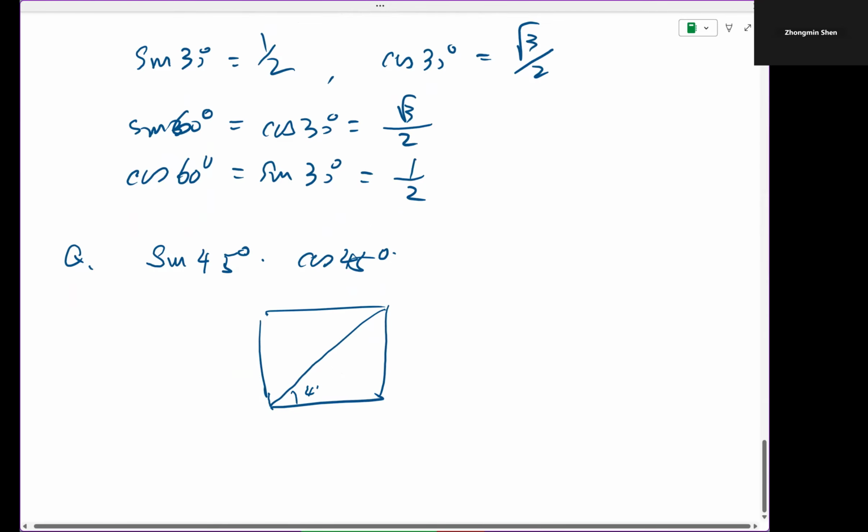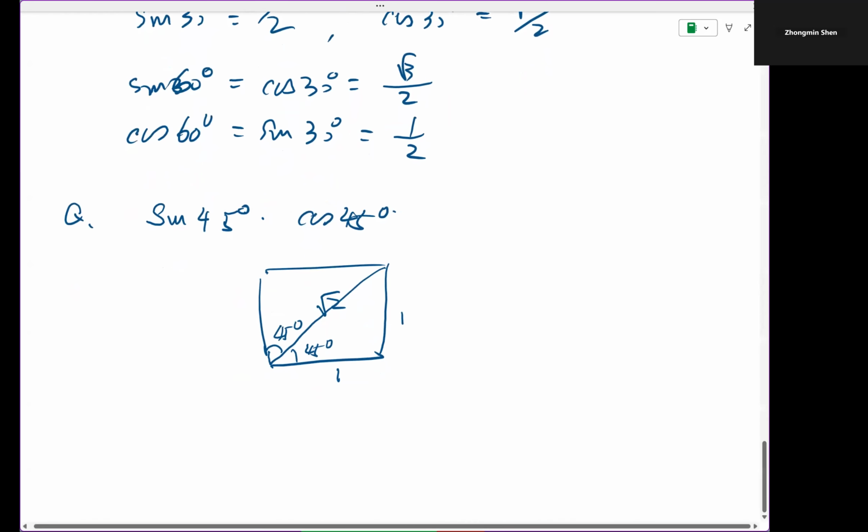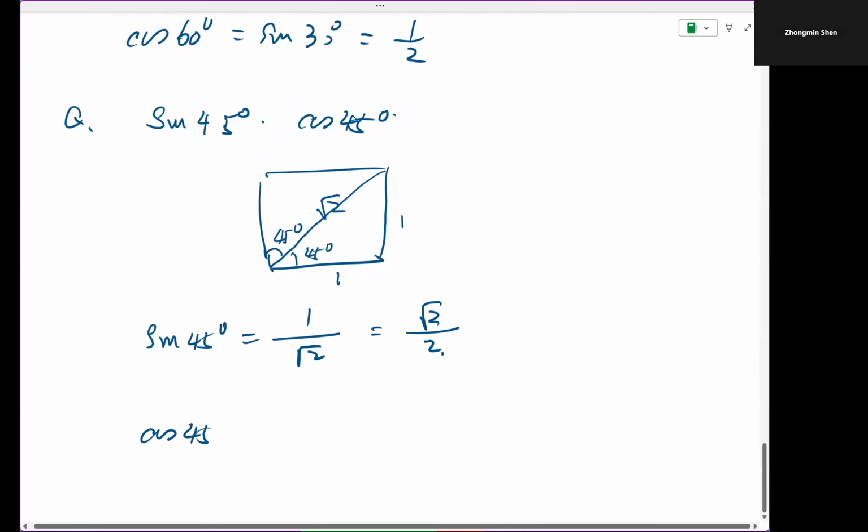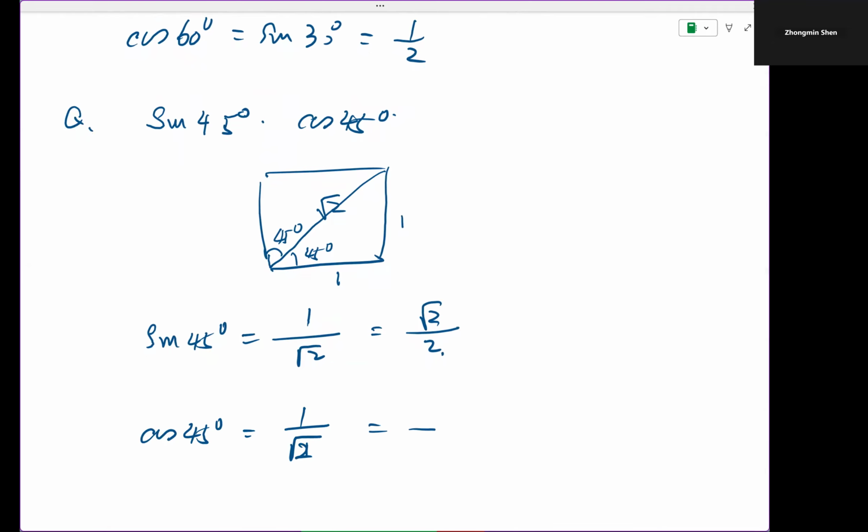So this is 45 degrees, 45 degrees, right? This side is 1, this side is 1. What is the other side? Square root of 2. So now sine 45 degrees is going to be 1 over square root of 2. If you rationalize the denominator, you get this. Cosine 45 degrees is also 1 over square root of 2, and that is square root of 2 over 2.